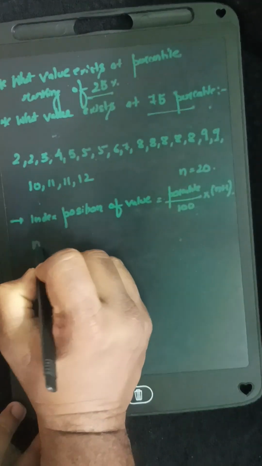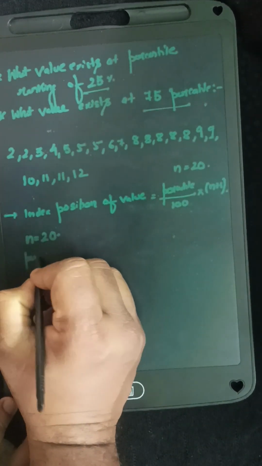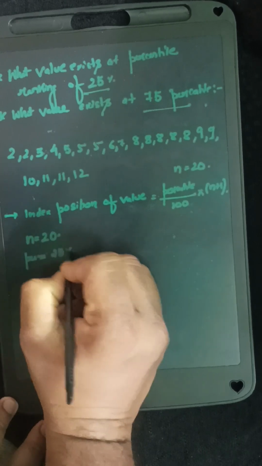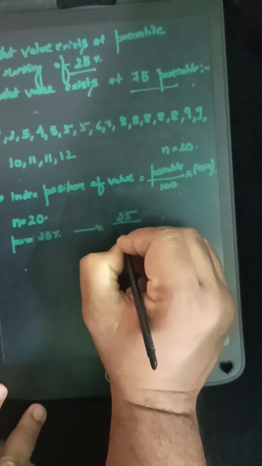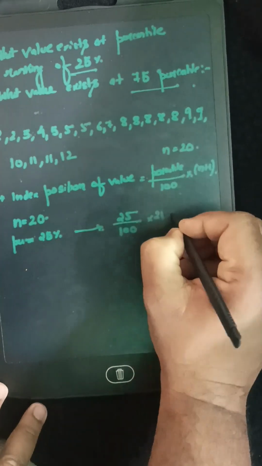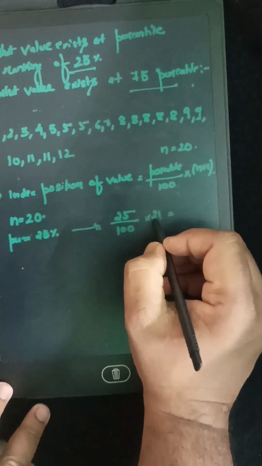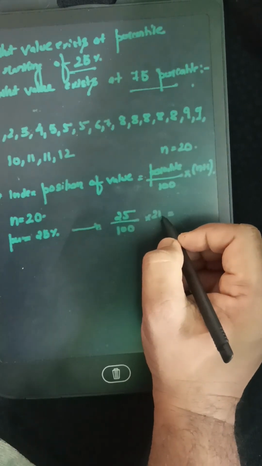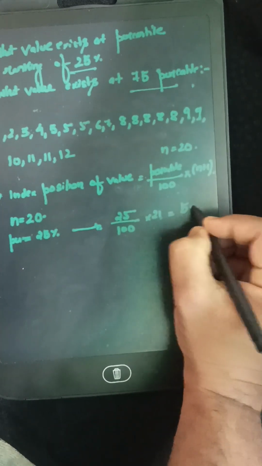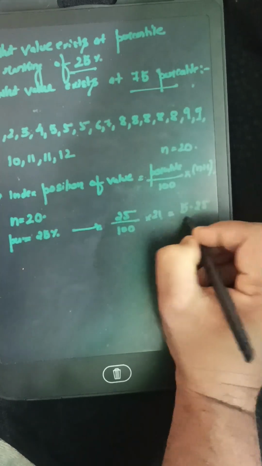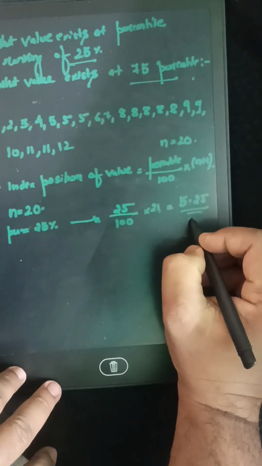So here we have n equal to 20, and for percentile equal to 25%, we can write 25 by 100 into 21, which comes out to be 525. Because of 100 there will be a decimal point, so 5.25 is the index position.